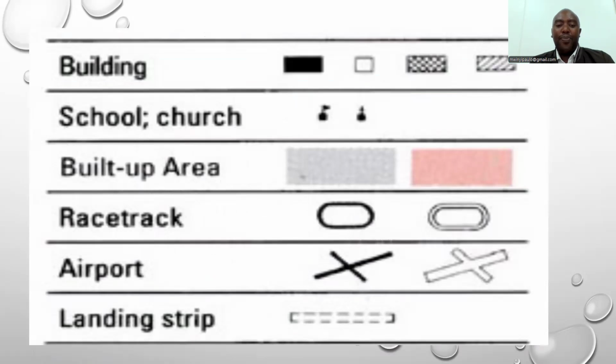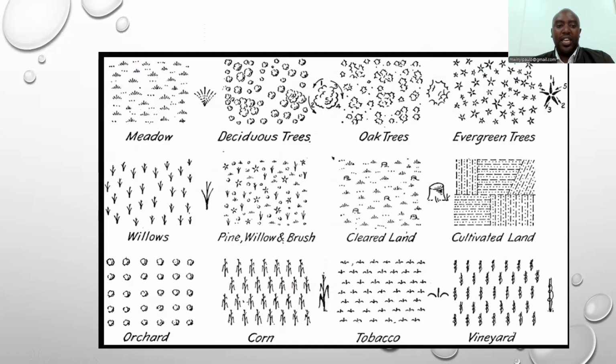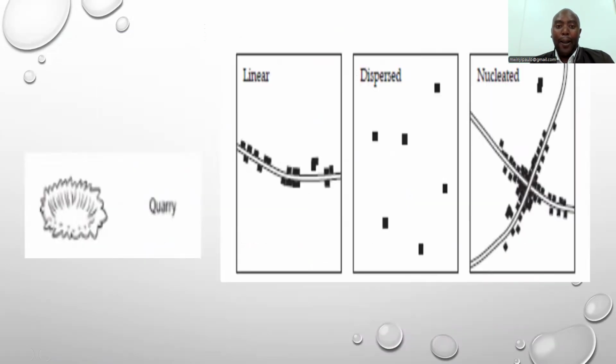There are several of them, like buildings, schools, church, built up area, airport, landing strip, name them. Like on this one, if you see, for instance, an orchard, evergreen trees, cultivated land, okay? What human activity is it showing on a topographical map?